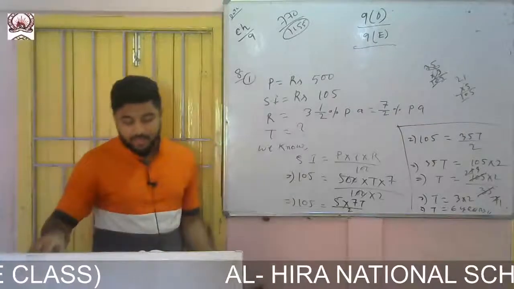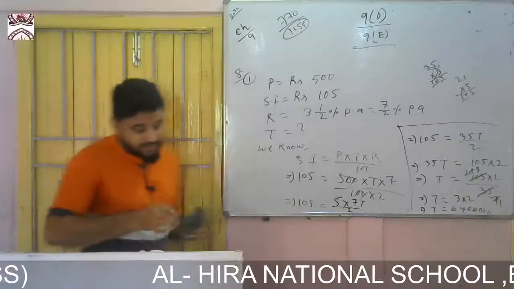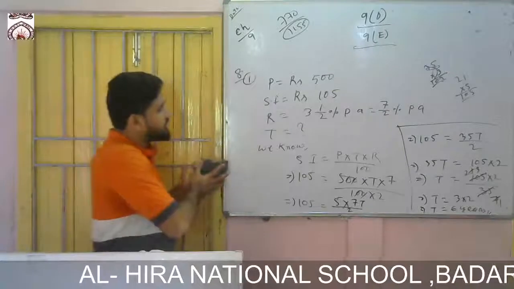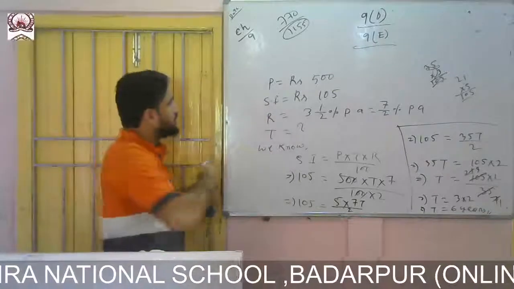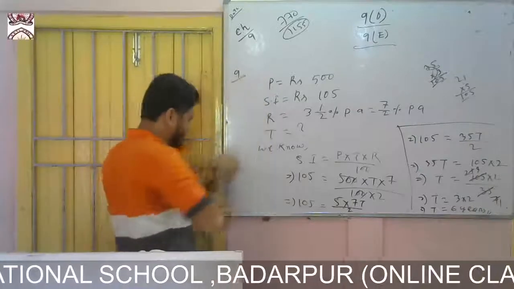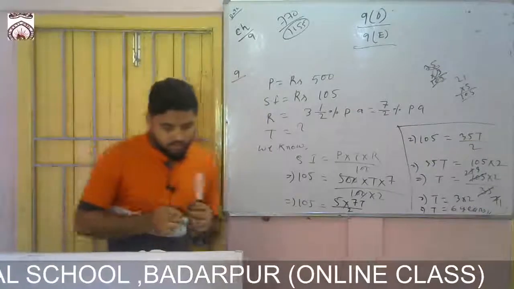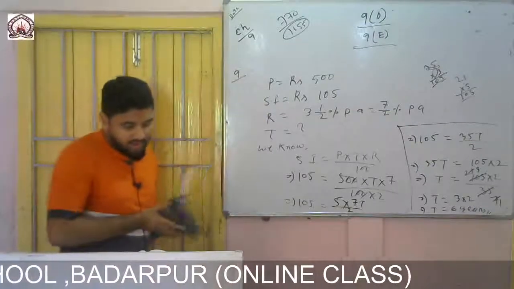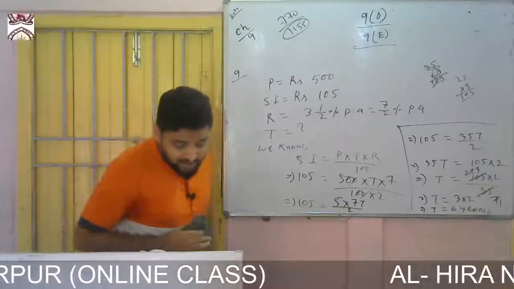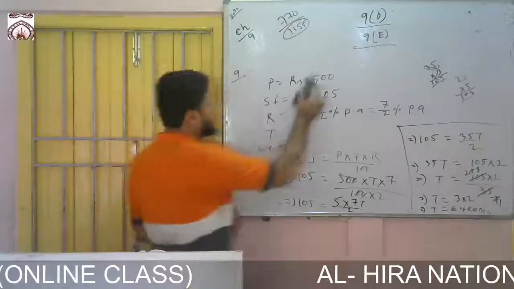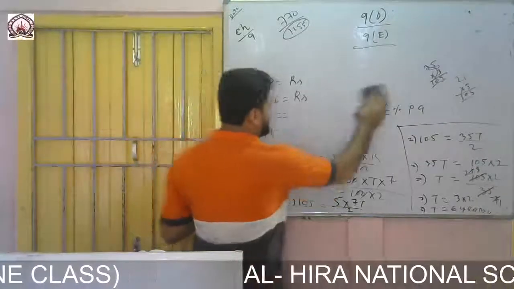So what is given? Principal equals 5,000. Write question number 9. Principal given is rupees 5,000, Ranbir donates rupees 5,000.